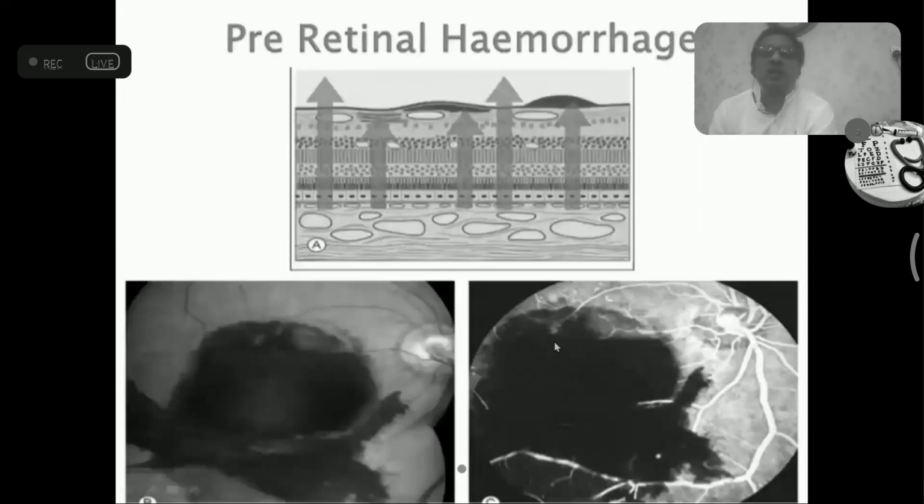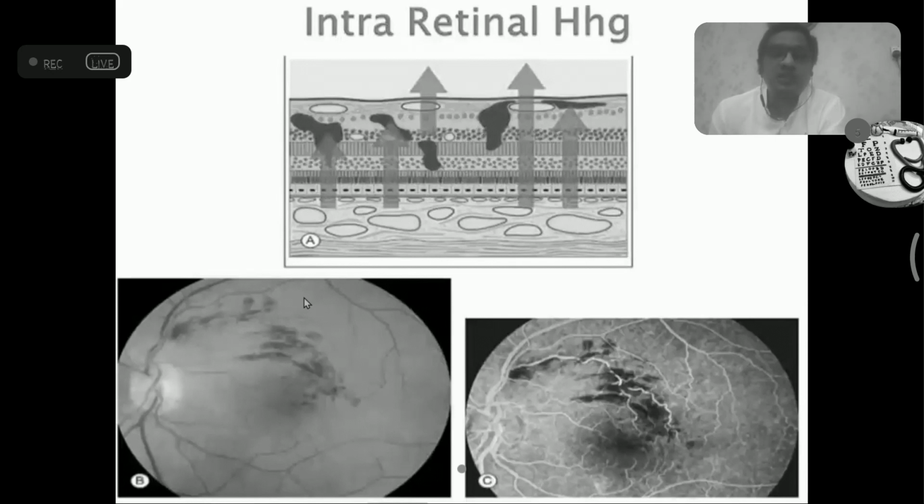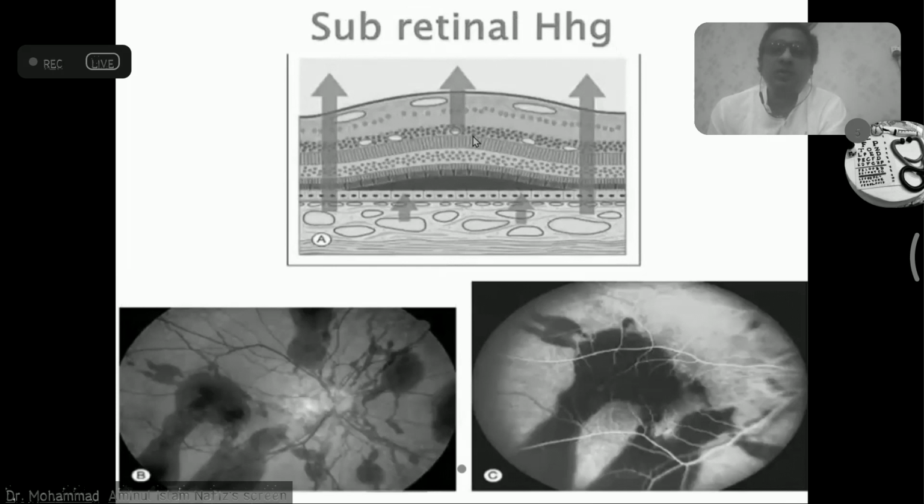We also know blocked fluorescence is due to hemorrhage, such as preretinal hemorrhage, intraretinal hemorrhage, and subretinal hemorrhage. They also cause blocked fluorescence.